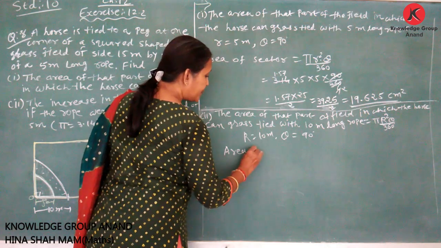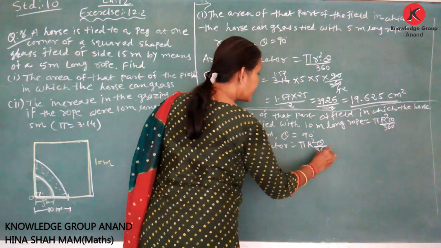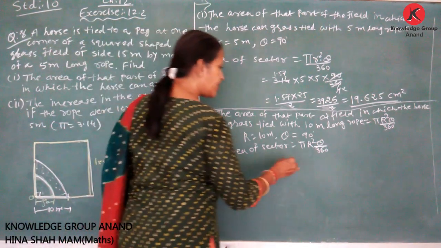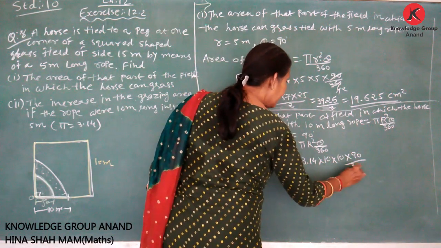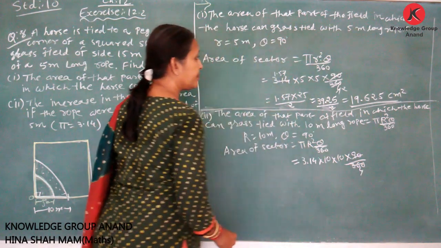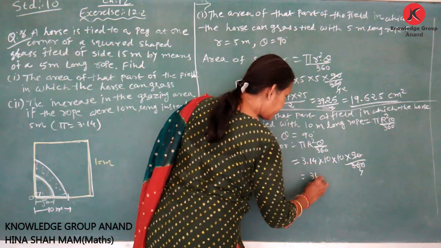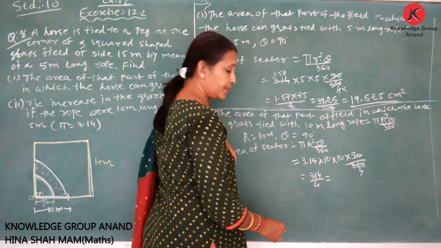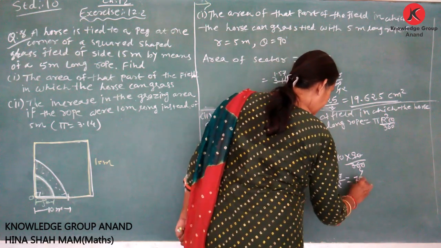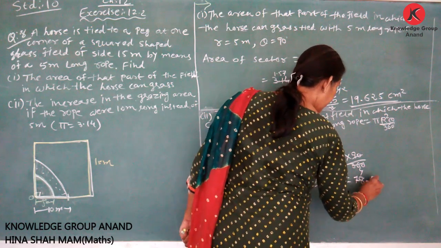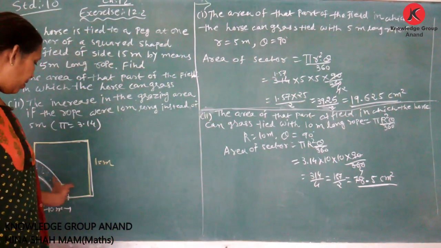Area of sector, formula pi r square theta upon 360, with capital R equal to 10 meter: 3.14 into 10 into 10 into 90 upon 360 is 314 divided by 4, equals 157 divided by 2, equals 78.5 meter square. We find here the area of this part.